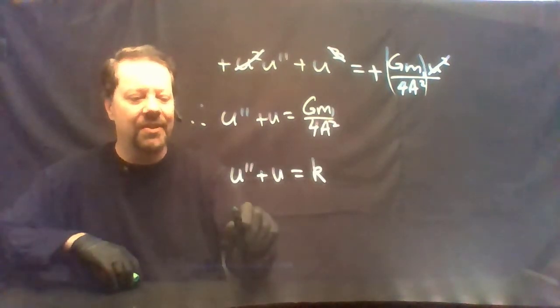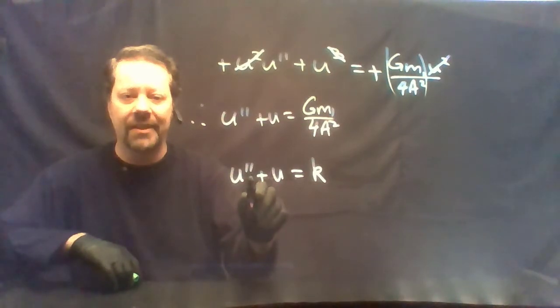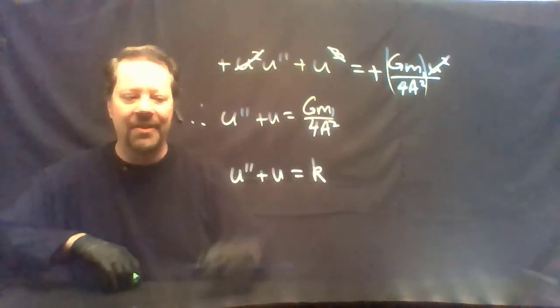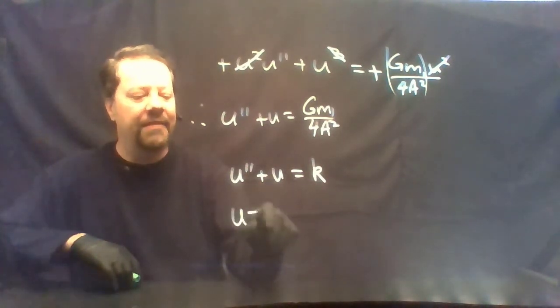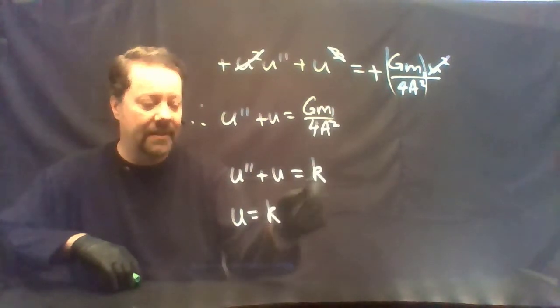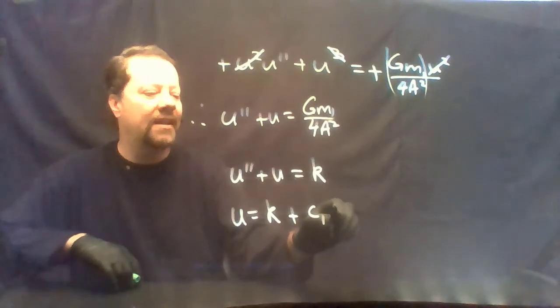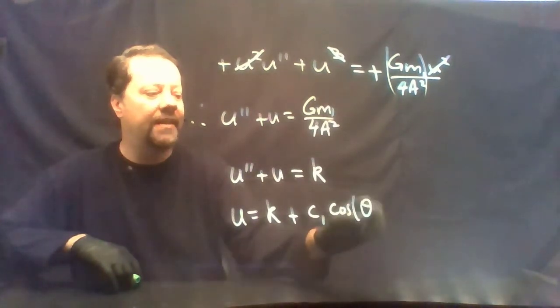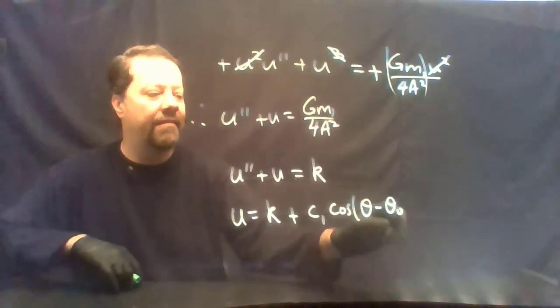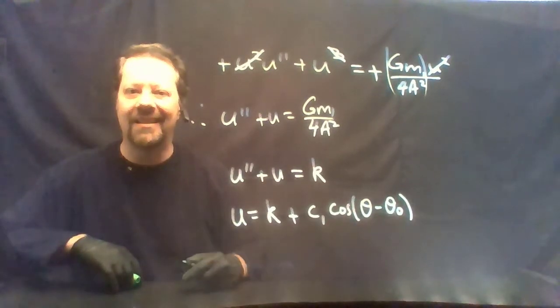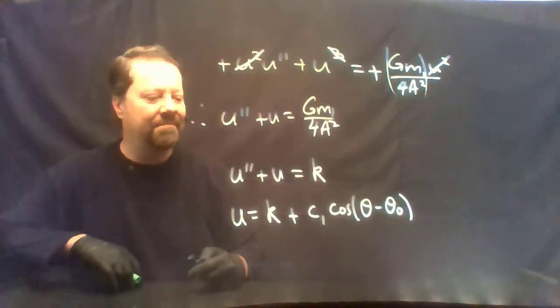The general solution will have two constants of integration because we have to undo two derivatives. It will be of the form u equals the constant k plus a constant of integration c1 times the cosine of theta minus some theta naught being the second constant of integration.